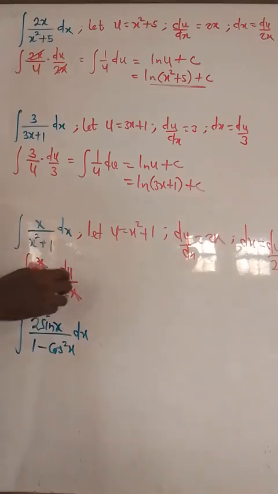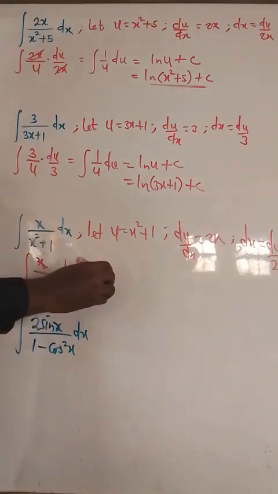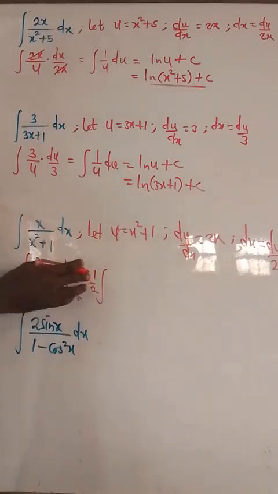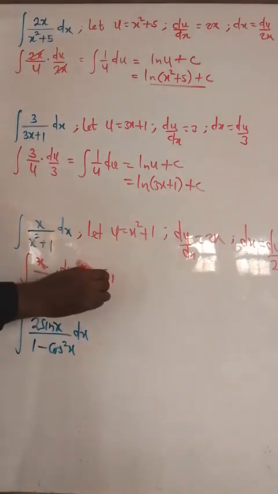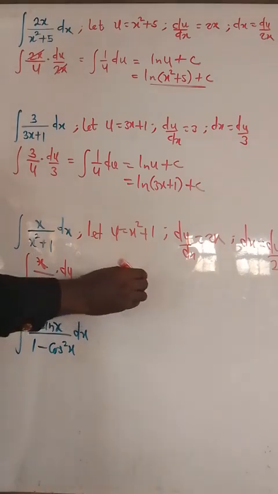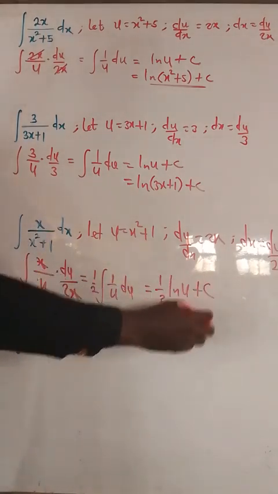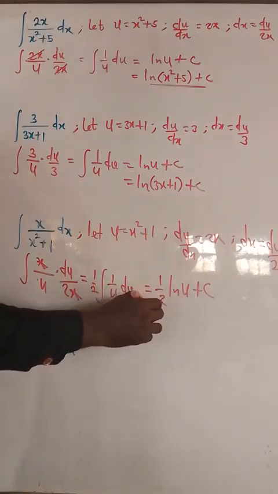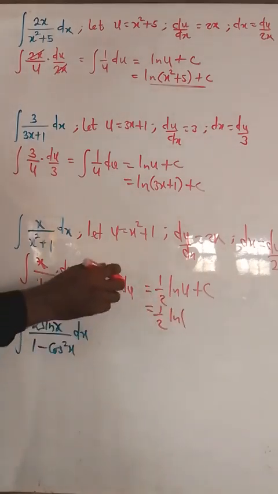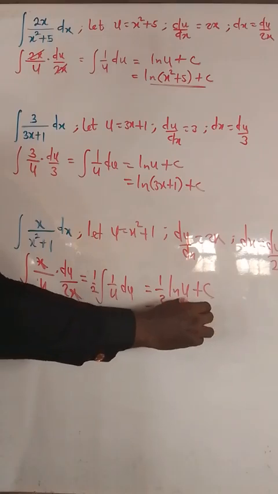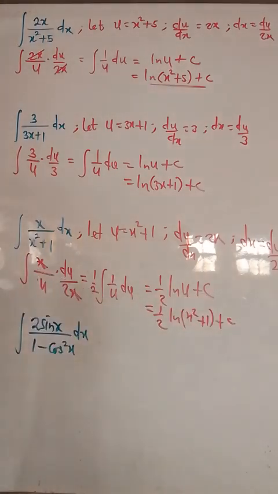This cancels this. So this becomes the integral of, you can bring 1 over 2 out, then we have 1 over u du. If you integrate 1 over u, that's ln u plus c. So the answer here becomes 1 over 2 ln of x squared plus 1, plus c. So if what we have in the denominator is twice what we have in the numerator, the answer is half of ln denominator.